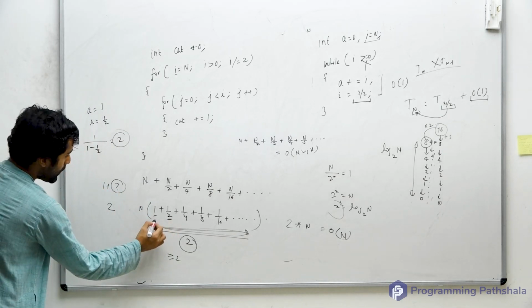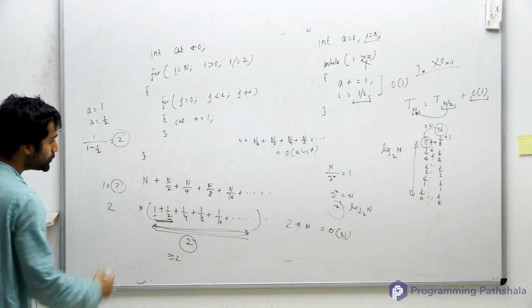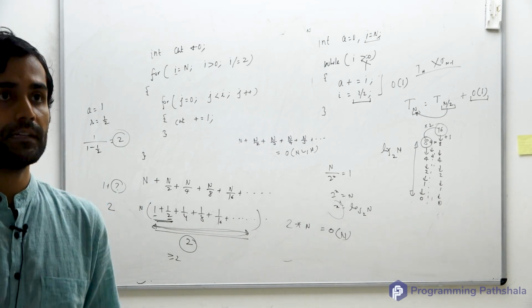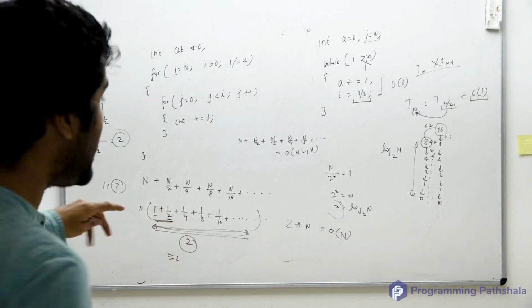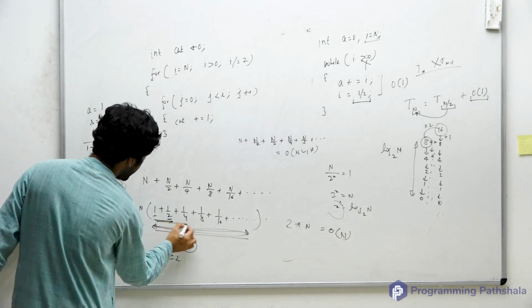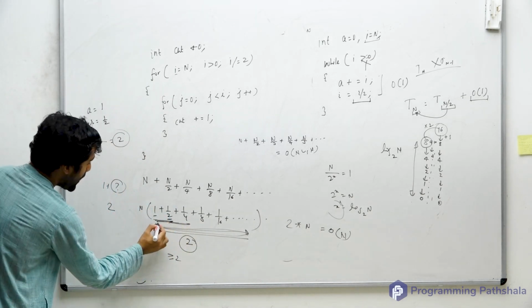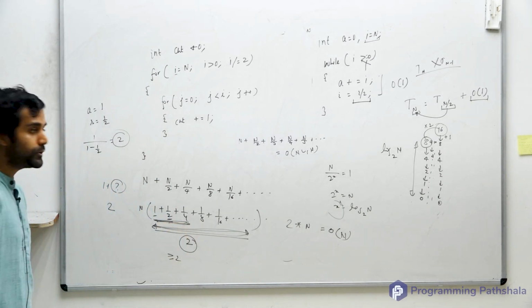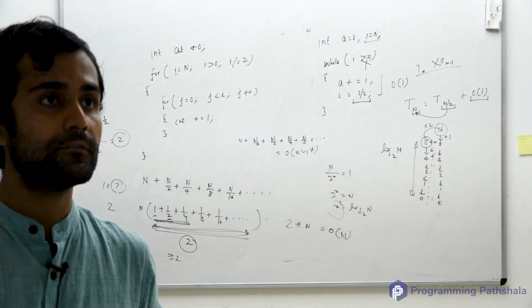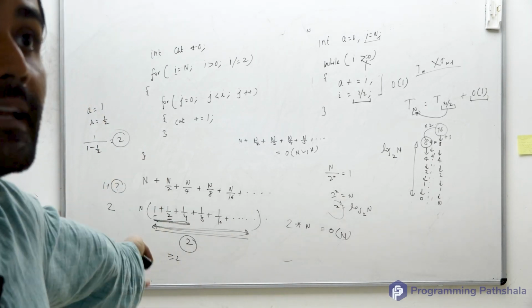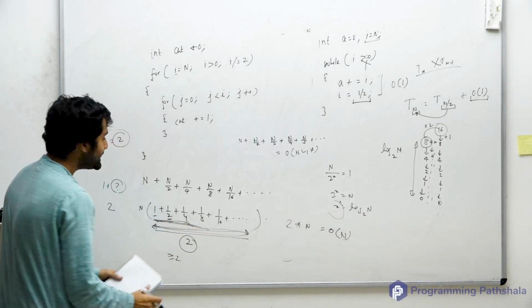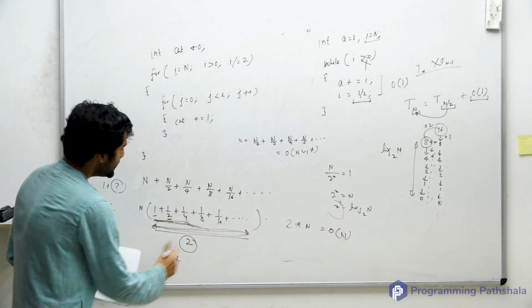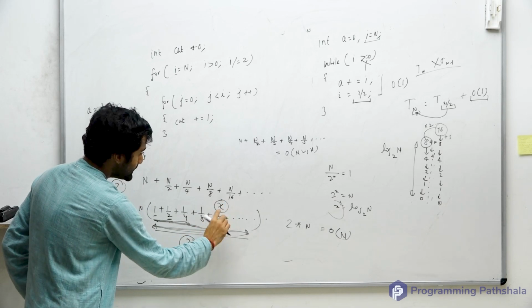Now, how much do they need to become 2? They need half to become 2, but they will not get half, they will get half of half, which is 1 by 4. Now, how much do they need to become 2? 1 by 4, but they will not get 1 by 4, they will get half of 1 by 4, which is 1 by 8.